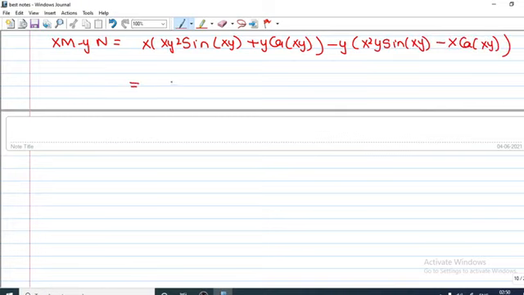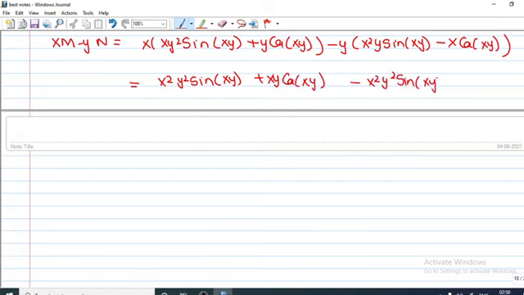After this, what we are going to get? x square y square sin xy plus xy cos xy minus x square y square sin xy plus xy cos xy. So 2 xy cos xy, and this will nullify.